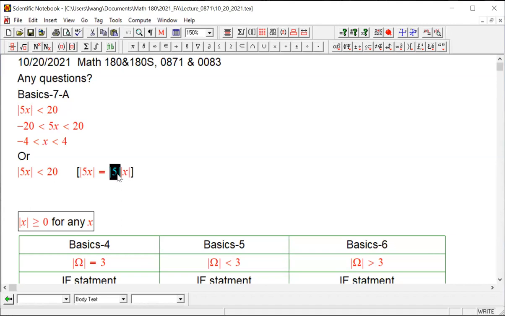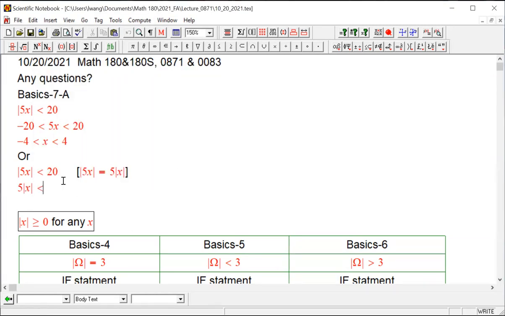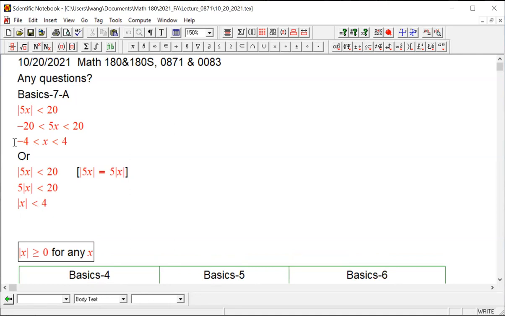The absolute value of 5 is 5. As a result, 5 times the absolute value of x is less than 20. Then you divide both sides by 5, and you end up with the absolute value of x less than 4. So in the end, you still get the same answer.